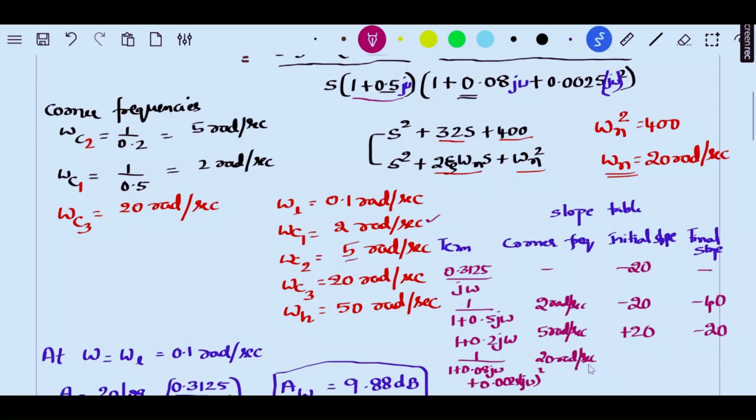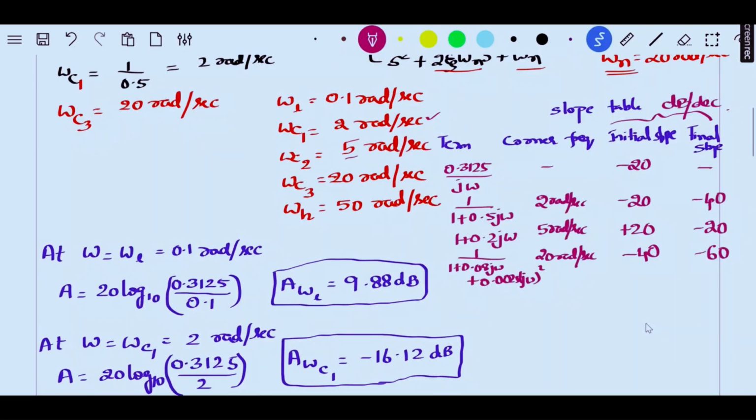As I told you in the previous video, the quadratic pole will offer a slope of minus 40 dB per decade. So the final slope will be minus 40 added with minus 20, which gives minus 60 dB per decade. Anyway, all these values are in dB per decade. Okay. Now we got the slope table.